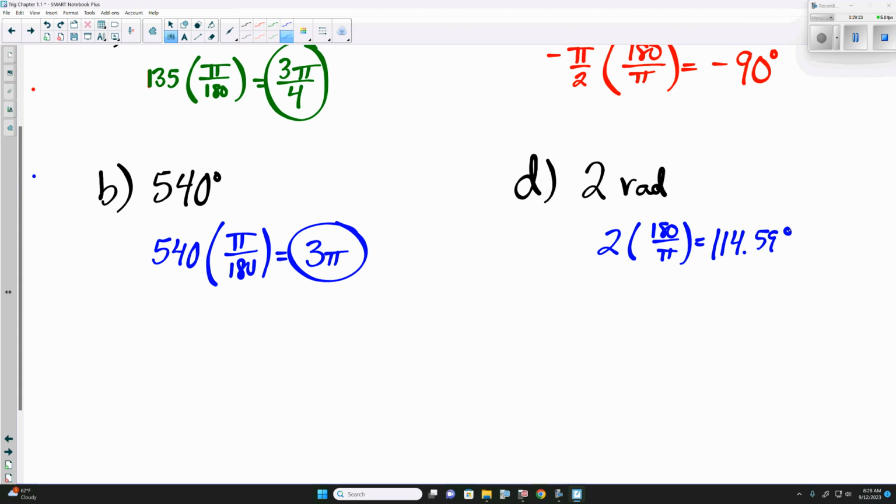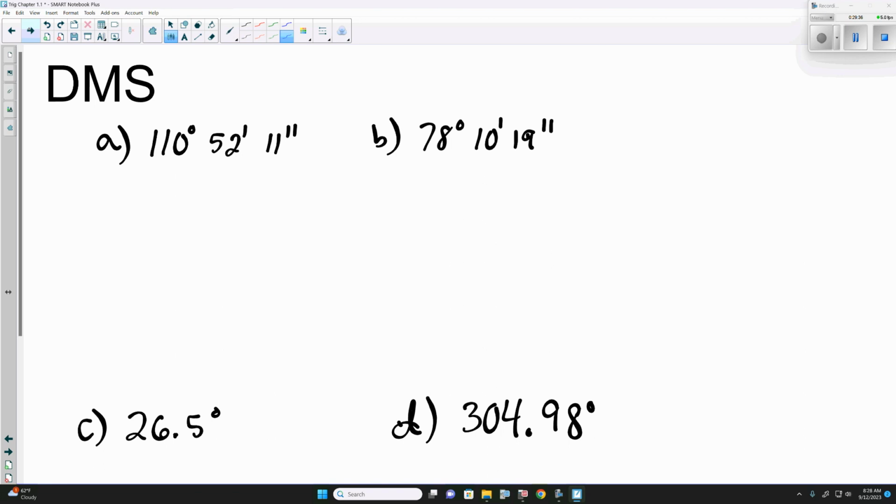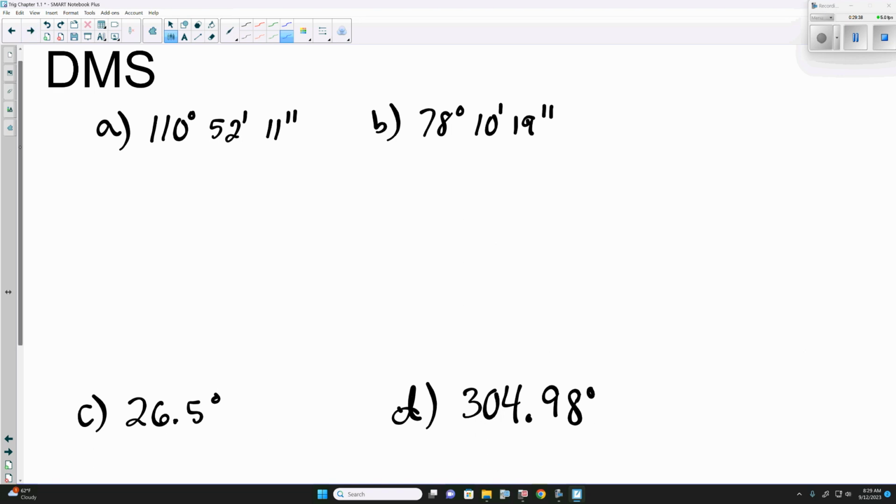Hopefully also you're noticing that 2 degrees is not the same as 2 radians. It's actually quite a substantial difference between the two. Now, any questions on anything we've done so far? Anything we've covered so far? Okay.